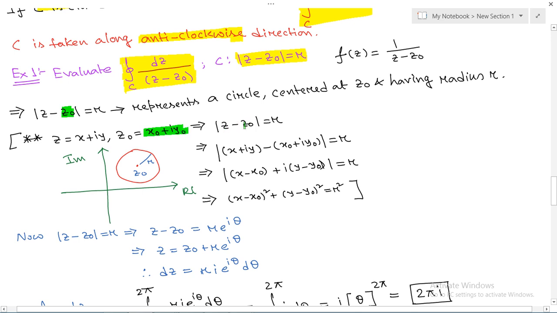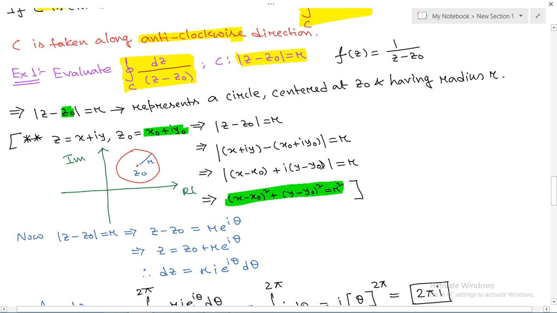Now |z minus z0| equals r. In place of z and z0 we substitute the points, and taking the square of the modulus, we have (x minus x0) squared plus (y minus y0) squared equals r squared. Definitely all of you can understand that it represents a circle centered at (x0, y0), and the radius of the circle is r.